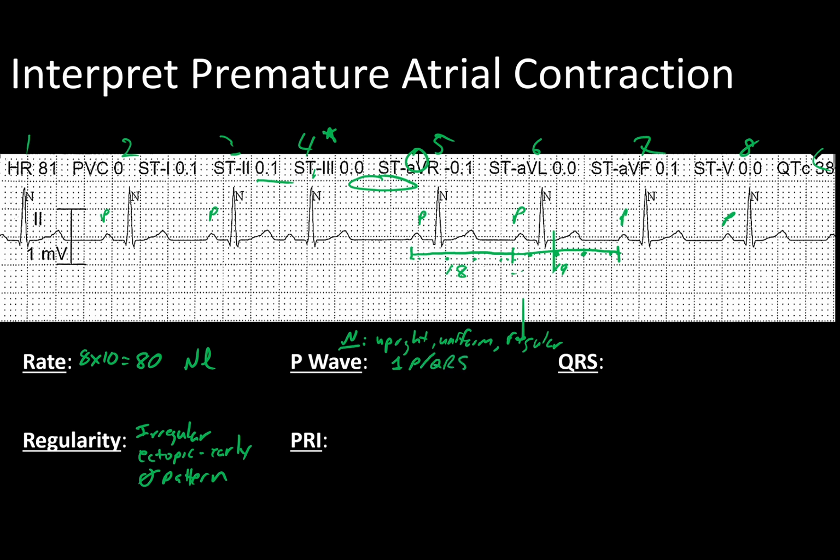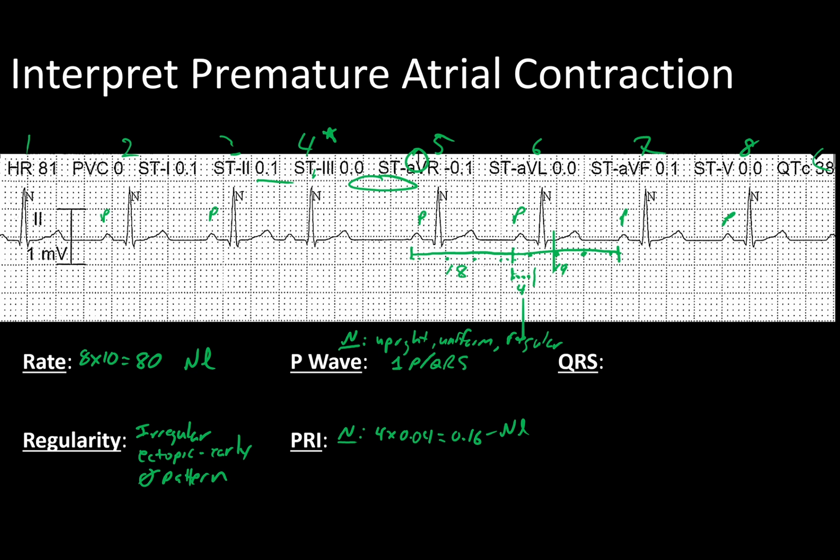Now, what's the PRI for our normal rhythms? Well, let's see here. We'll say that this was the start of that P wave, and we'll say that this was about the end. 1, 2, 3, 4. So we'll say 4, so our normal is 16, and that's normal.